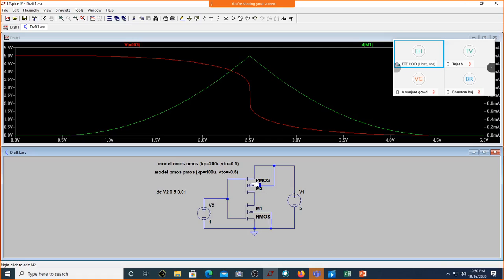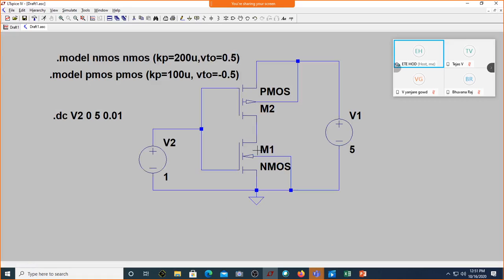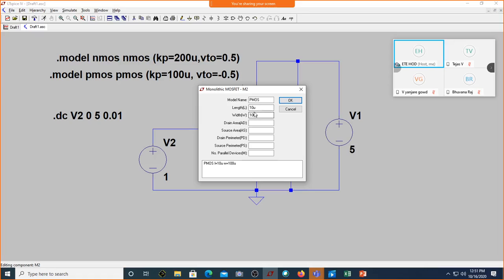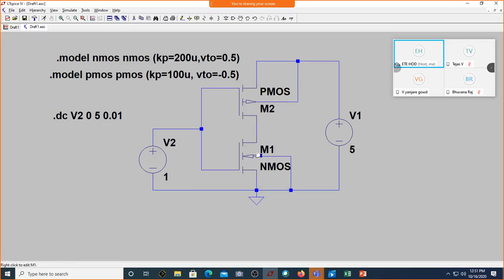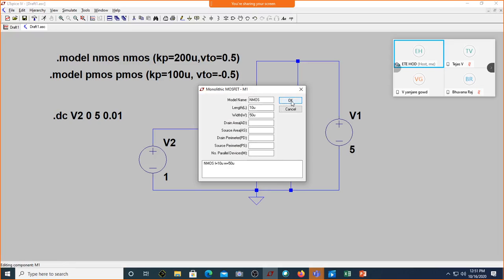You might have seen that the dimension of the PMOS transistor is exactly twice that of the NMOS transistor. Correct? So that's what we have maintained. If I show you the dimension, you can see this W by L is 10. And how much is this W by L? 5.